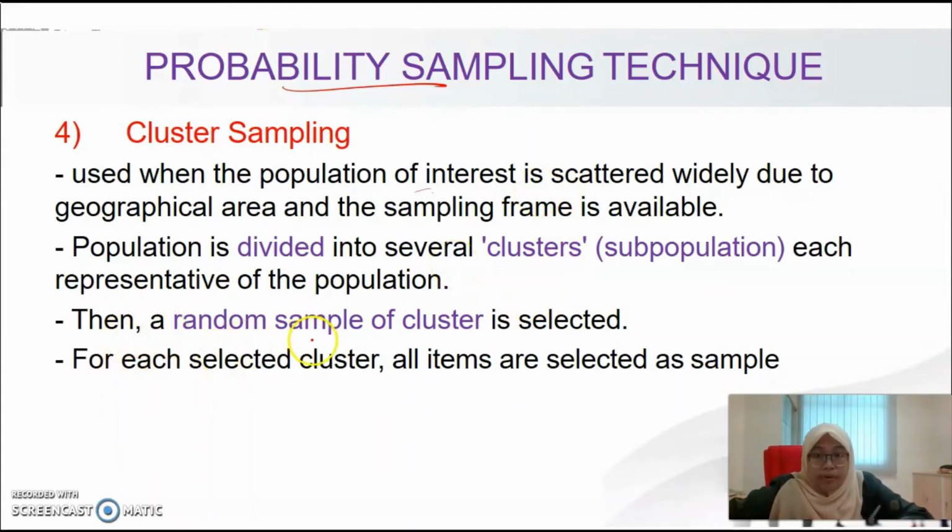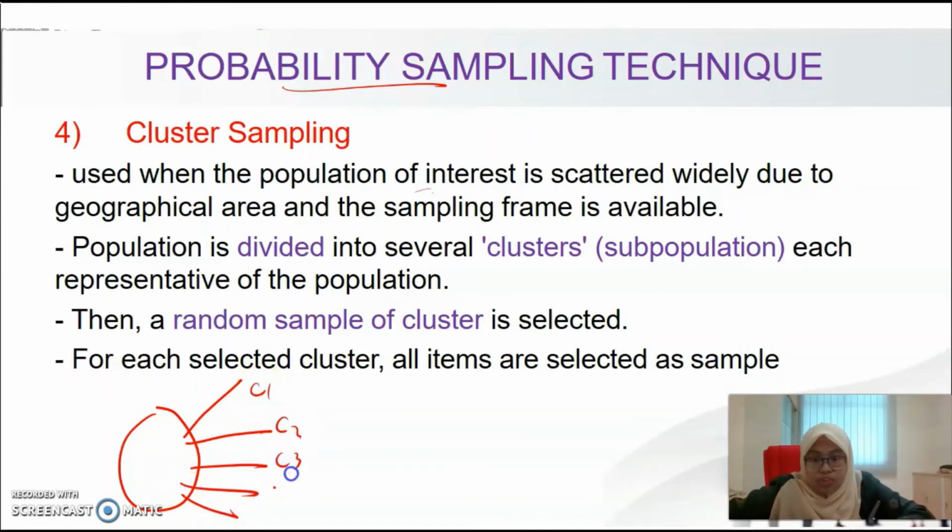Next step, a random sample of clusters is selected. Okay, what I mean is, we have a population, and then from this population we divide it into several clusters. Let's say C1, C2, C3, C4, C5. Next step, we randomly select a few clusters.